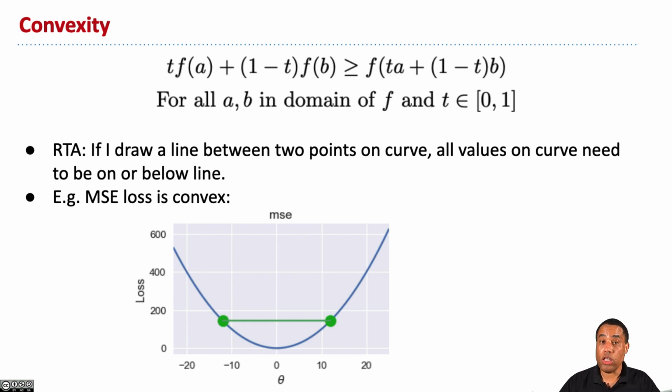So if I draw a line between any 2 points on the curve, all values on the curve need to be either on that line or below that line. Right? And so here, the mean square error loss is a convex function. And so we can draw a line between any 2 points, and all of our values will be on that line or below that line.